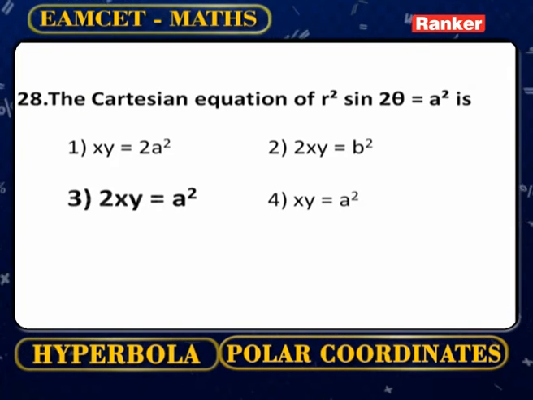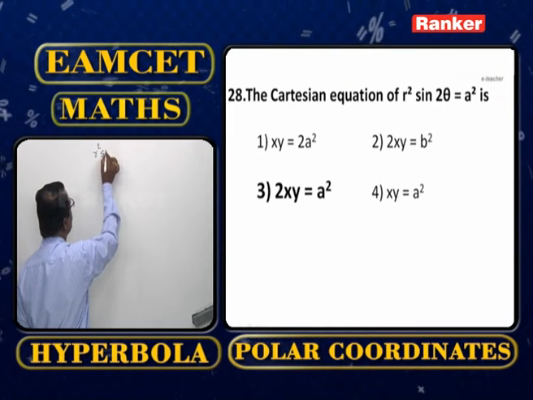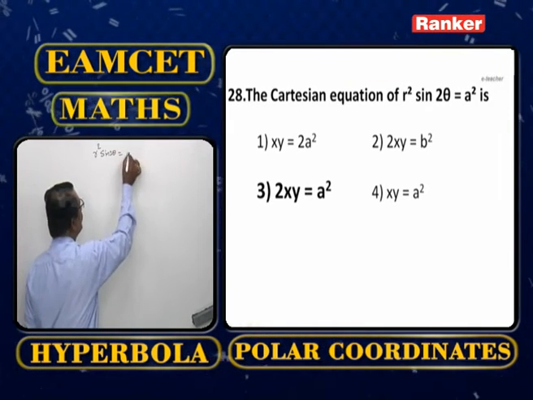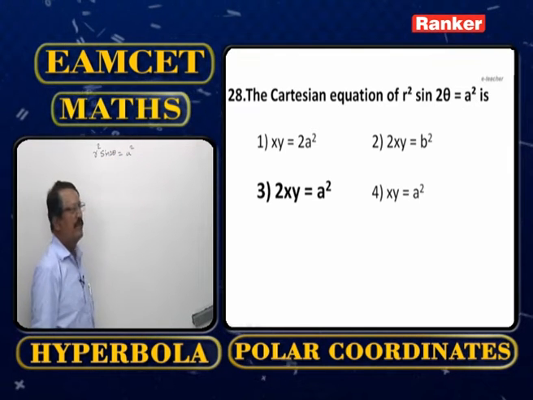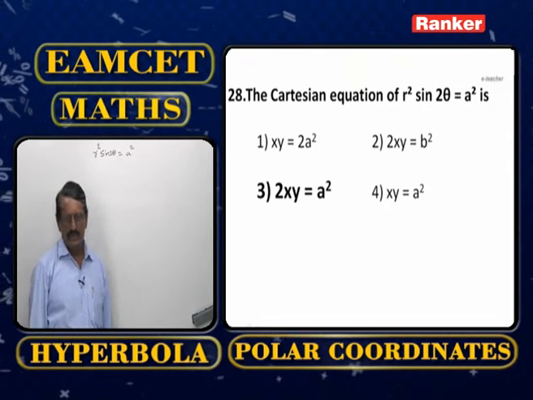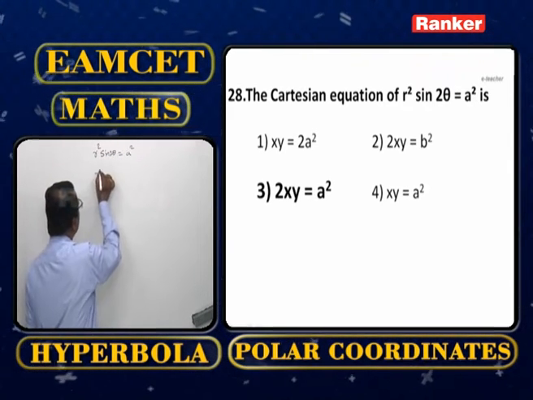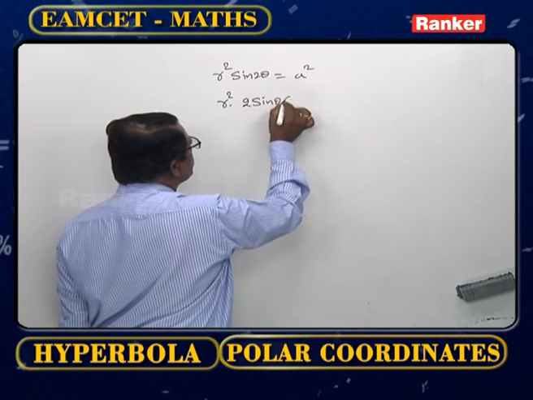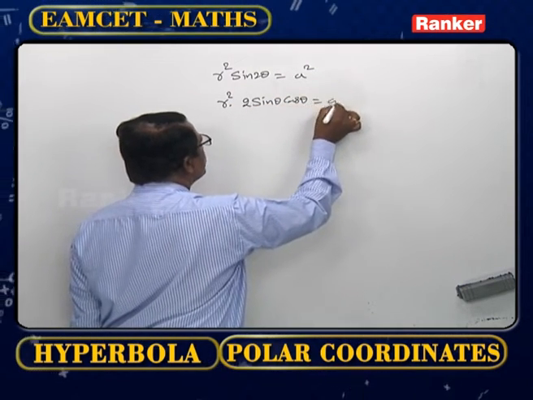Find the Cartesian equation of r square sin 2 theta equals a square. Now, r square into sin 2 theta, where sin 2 theta equals 2 sin theta cos theta, equals a square.